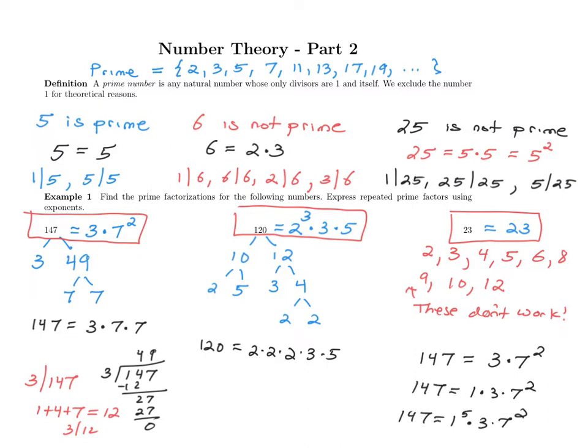If you allow 1 as a prime number, you can no longer say that the prime factorization of some number is unique. Notice that these two are different. This is a very minor detail, but it is the reason why we exclude 1 as a prime number. And the reason is, when we find a prime factorization, we want to be able to say the one we found is the only one, in that it is unique.